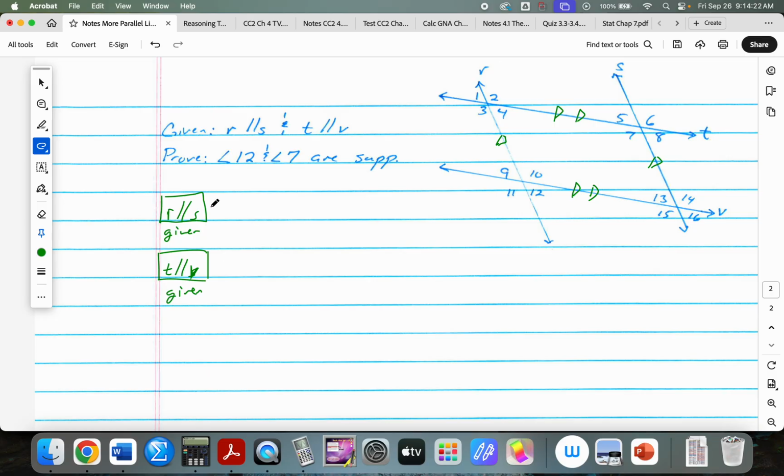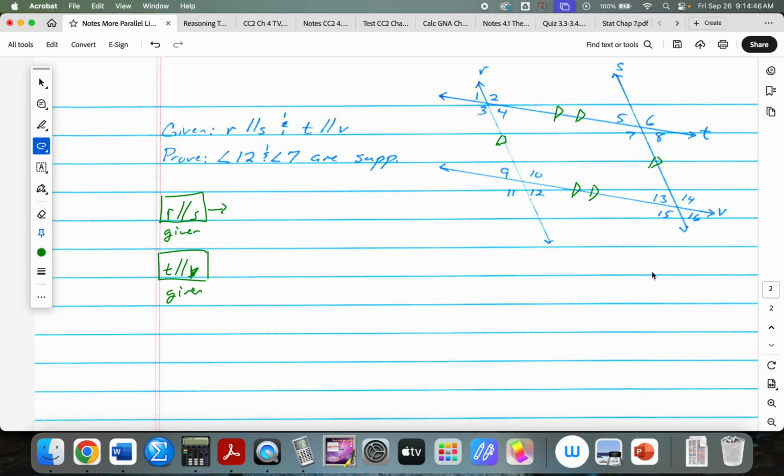I usually start with the first one and see, okay, if I know that R and S are parallel, can I say that angle 12 is supplementary to something or that angle 7 is supplementary to something? I could do either, couldn't I? Yes. But since several people said 12, let's start with that.